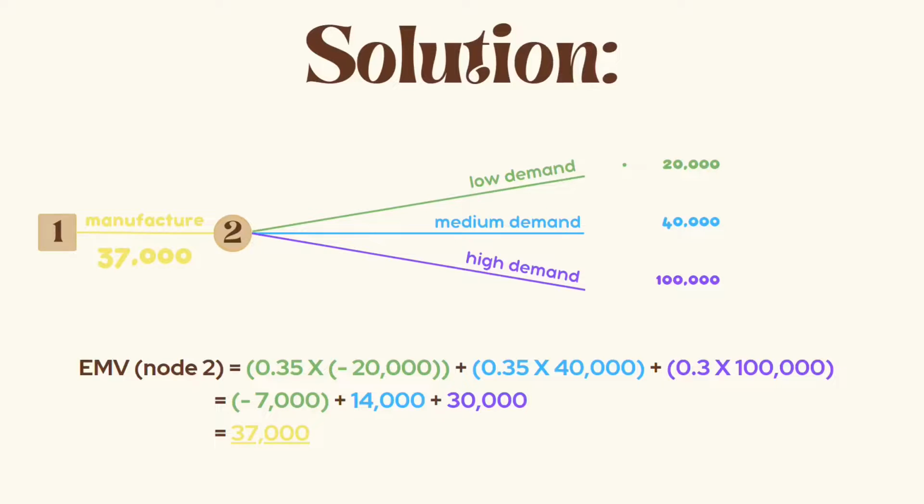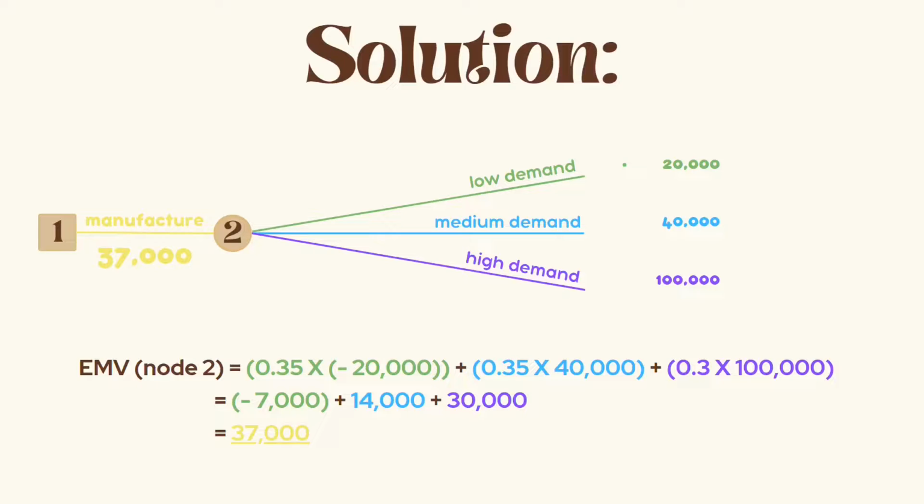To calculate, the expected payoff is 35% times negative 20,000 for low demand plus 35% times 40,000 for medium demand plus 30% times 100,000 for high demand. For low demand, it equals negative 7,000.